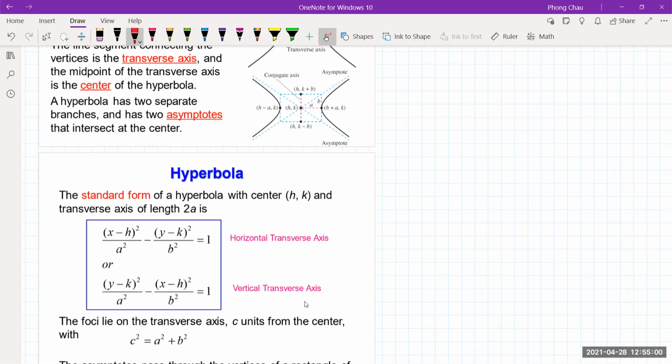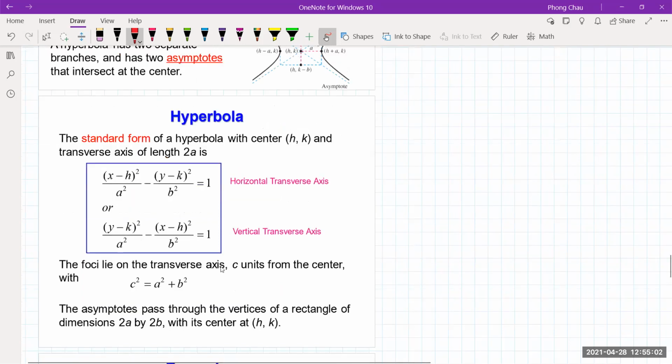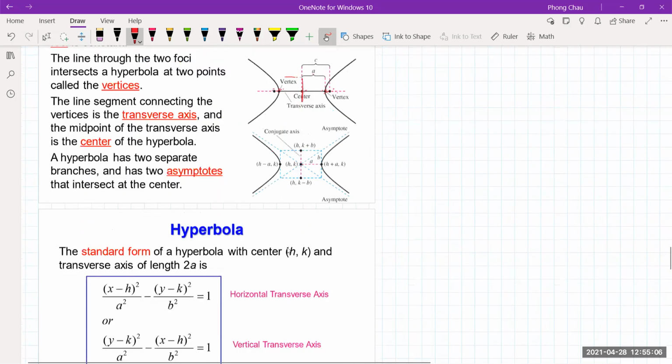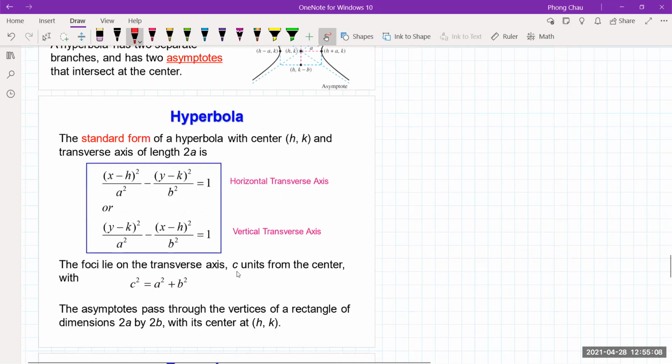Now the foci lie on the transverse axis, as we know, right? But C is now calculated using a formula like the Pythagorean theorem. So C squared equals A squared plus B squared, rather than A squared minus B squared as in the ellipse.